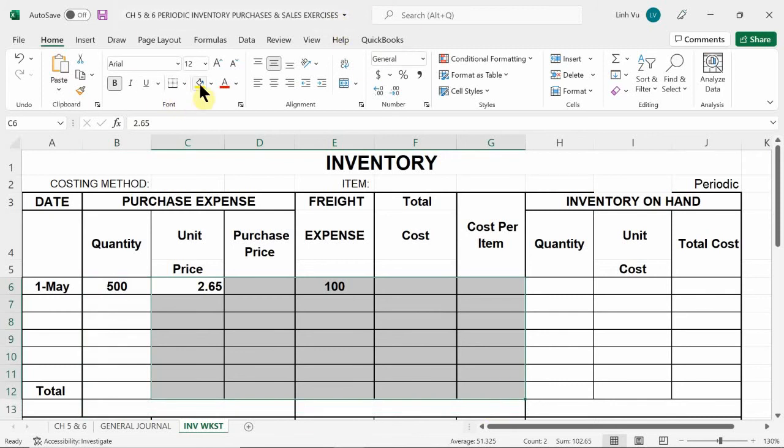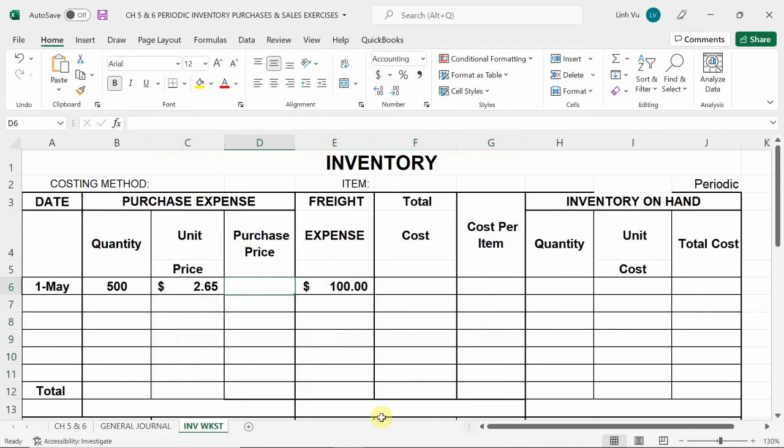So what's my purchase price here? We're going to solve for it. In our journal, it was $1,325 plus freight of 100 gave us $1,425.